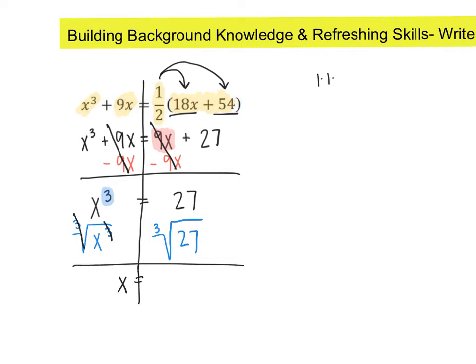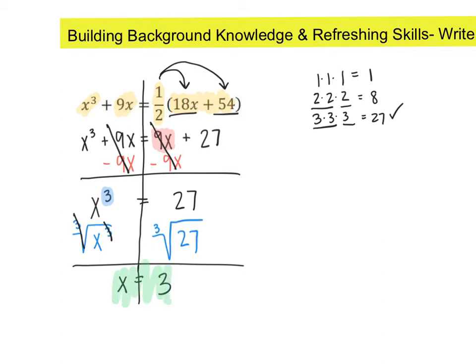So 1 times 1 times 1, that's 1. Move to 2. 2 times 2 times 2. 2 times 2 is 4, times 2 is 8. Move to 3. 3 times 3 times 3. 3 times 3 is 9, times another 3, 27. So what cubed is 27? What's the cube root of 27? 3. So the answer here is x equals 3.